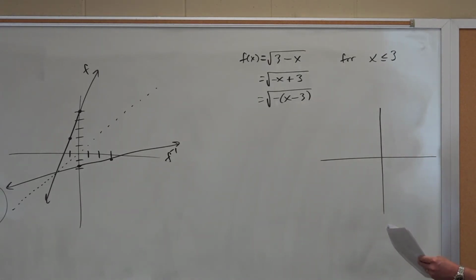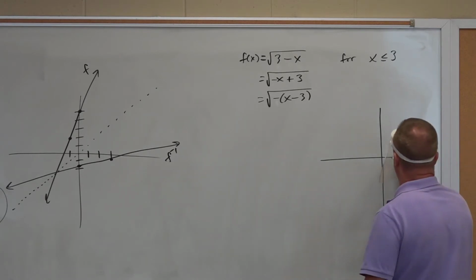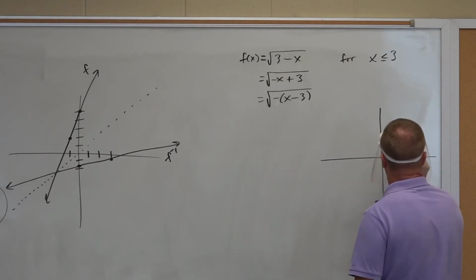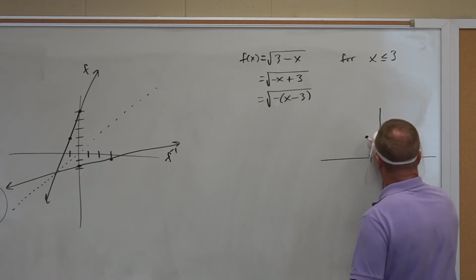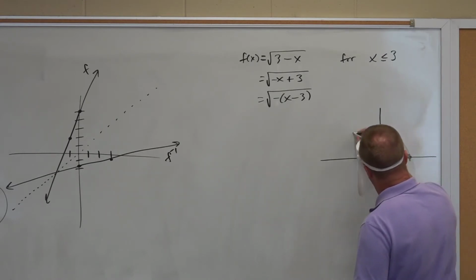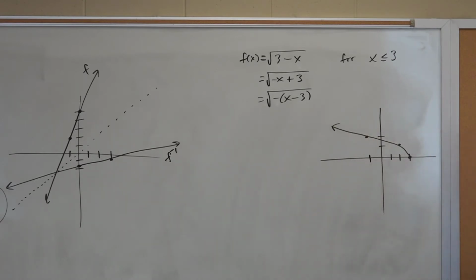To the right. To the right 3. Okay, so 2, 3. I could go up to the left one, up 1, 2, 3, 4. All right, that would be the graph of that one.